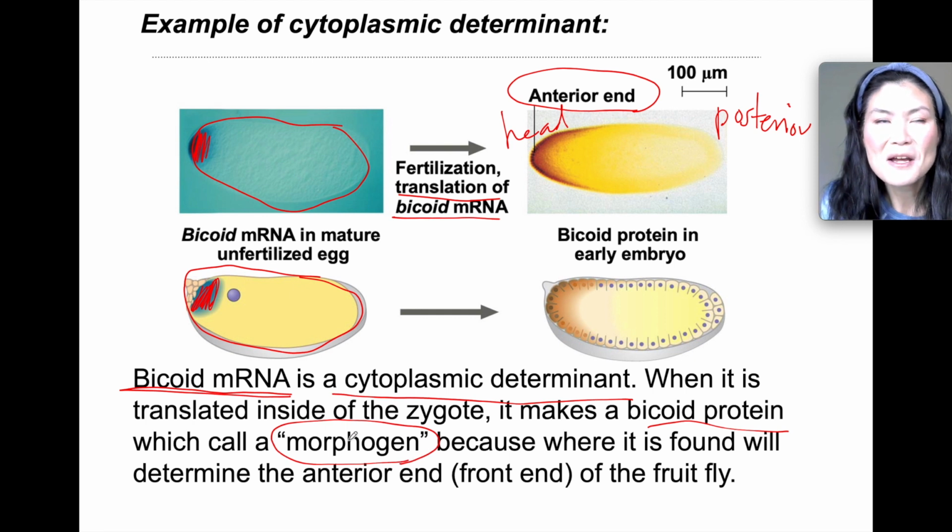I love these words. Morphogen, because it's going to be a molecule that's going to give that organism form, because morph means to form. Okay, so it's called a morphogen because where it is found will determine the anterior end or the front end of the fruit fly.